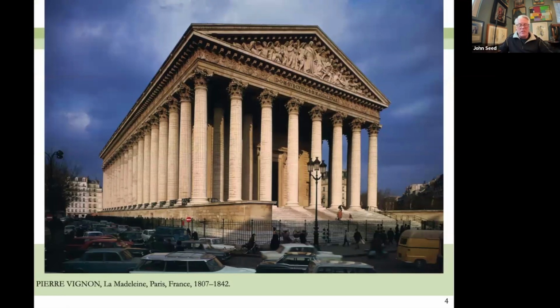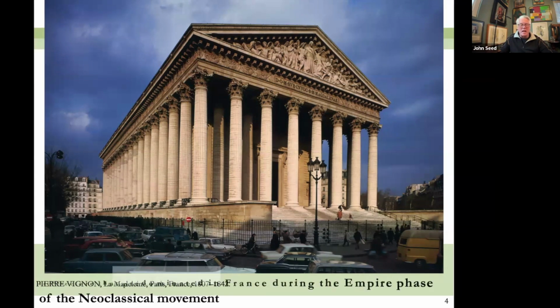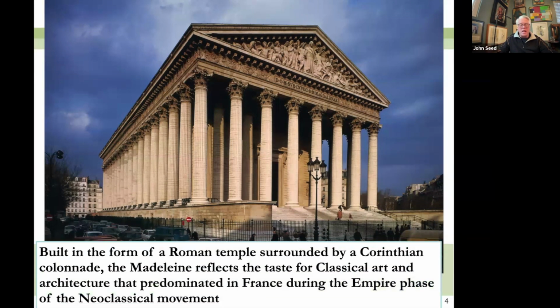A great tourist attraction today, still standing, is the Church of La Madeleine, which is currently a Catholic church. It was commissioned by Napoleon as a temple, of course, to himself and to his empire, but later was completed and rededicated. You can see that it's really a dead-on copy of a Roman temple surrounded by a Corinthian colonnade.